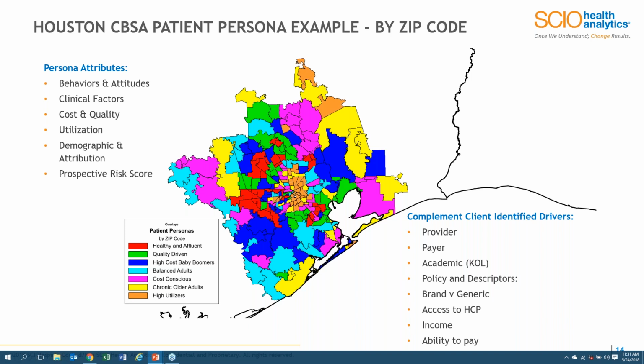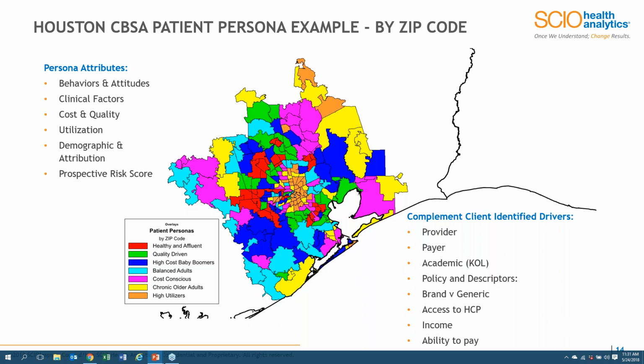Also, as we mentioned previously, the personas are built from a variety of patient-level attributes. Those are listed again up at the top left-hand corner, including behaviors and attitudes and clinical factors and so forth. But what we can also do, in addition, is overlay client-provided data to further enhance the personas.